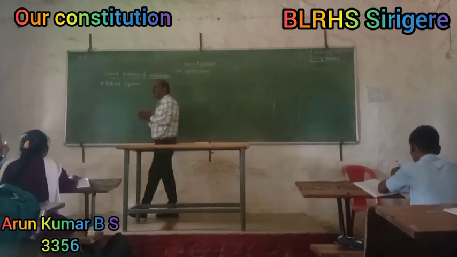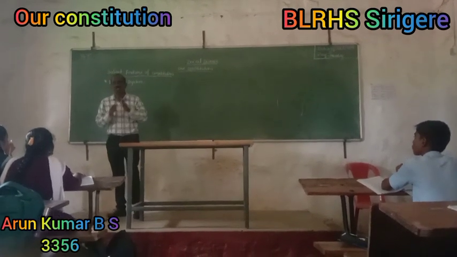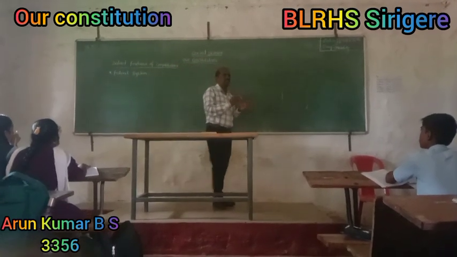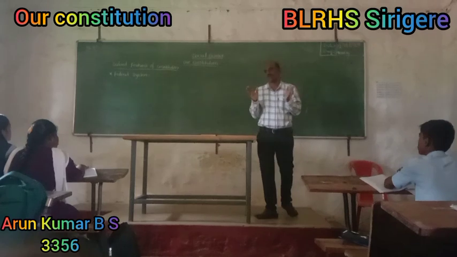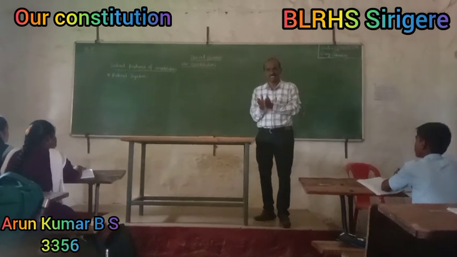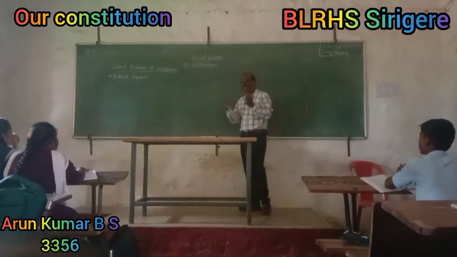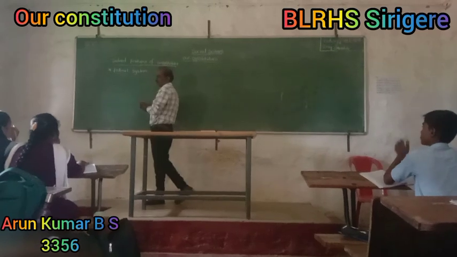Like that, in a federal system of government, the powers are shared between the state government and the central government. The powers of the country are divided between the central government and the state government.